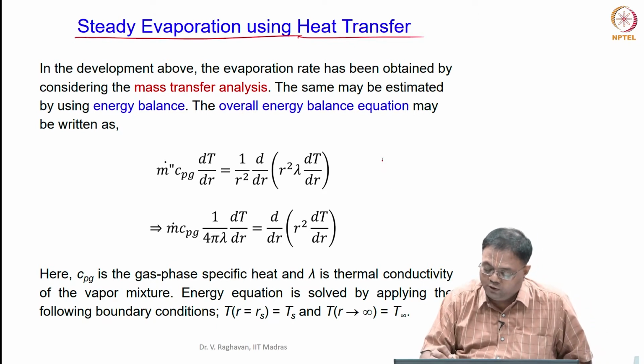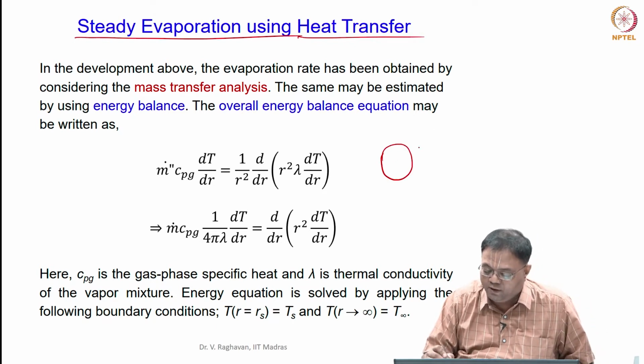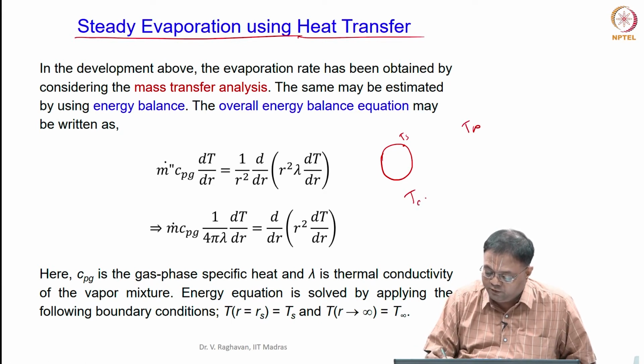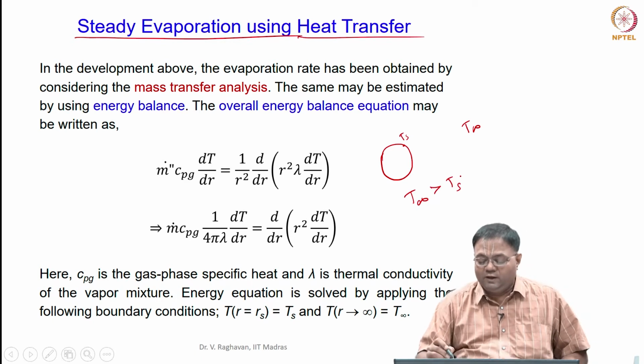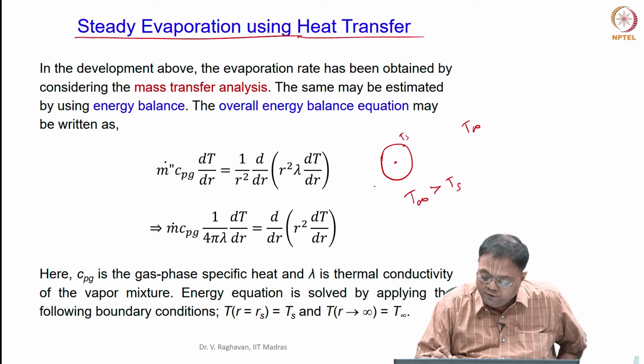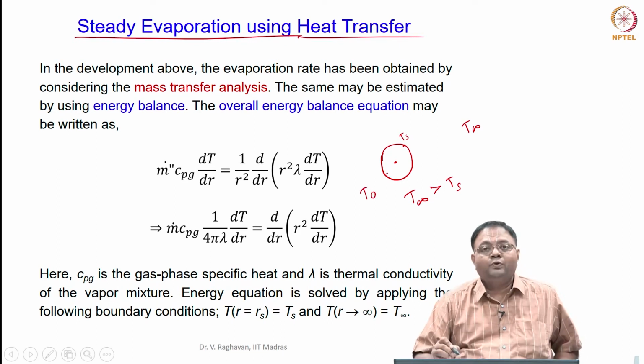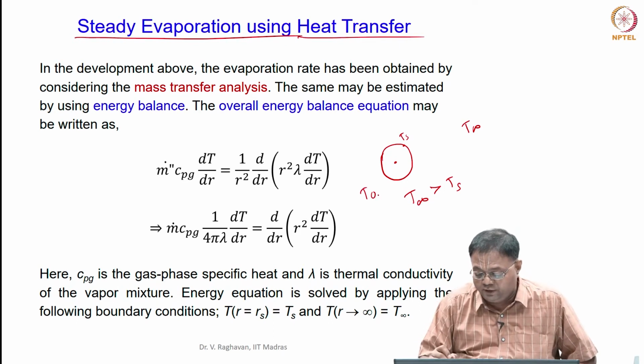Okay. So, you know that there is a droplet, and the droplet surface temperature is Ts and the ambient temperature is T infinity. Now, T infinity is greater than Ts. Initially, the temperature of the droplet may be at, say, T0, and this T0 will first be heated up to an equilibrium temperature.